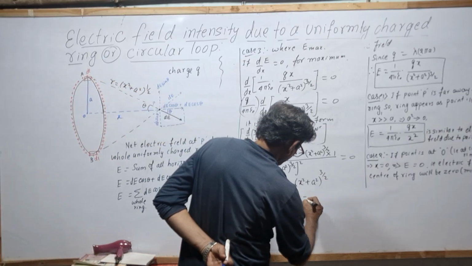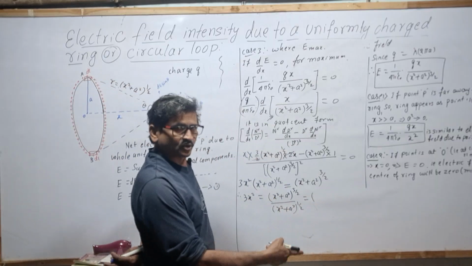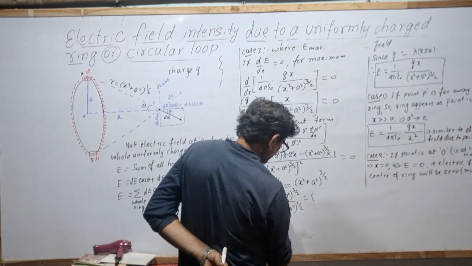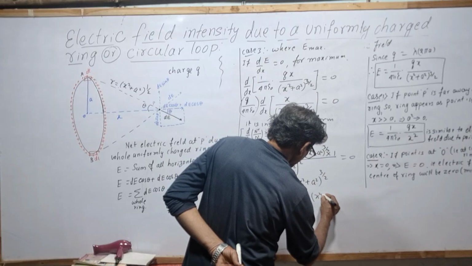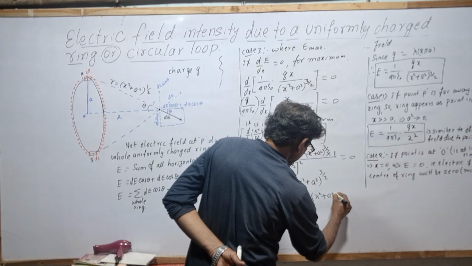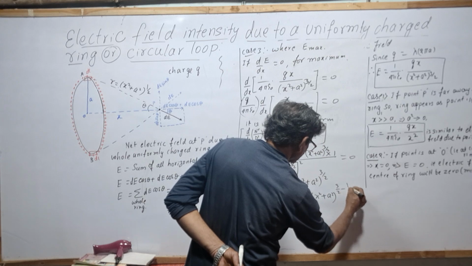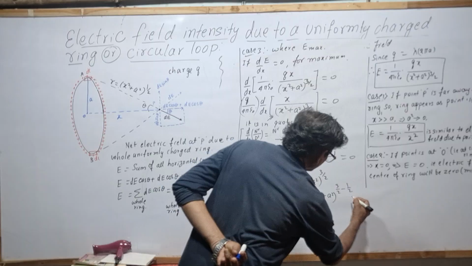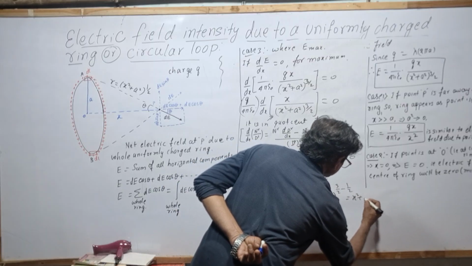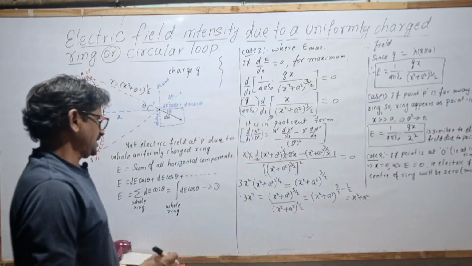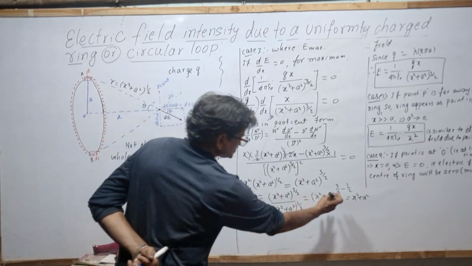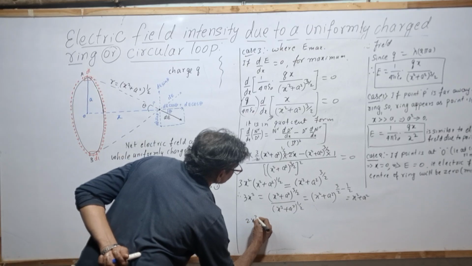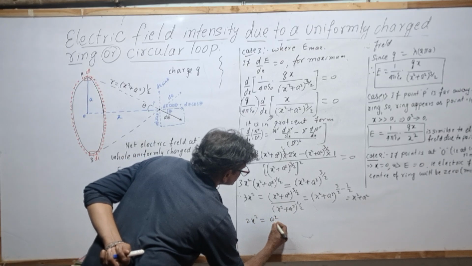By simplifying this one, bases are same, as per the second index law formula, powers should be subtracted: 3 by 2 minus 1 by 2, that equals x square plus a square. And the a square, if you take this side, minus, therefore 2x square equal to a square.